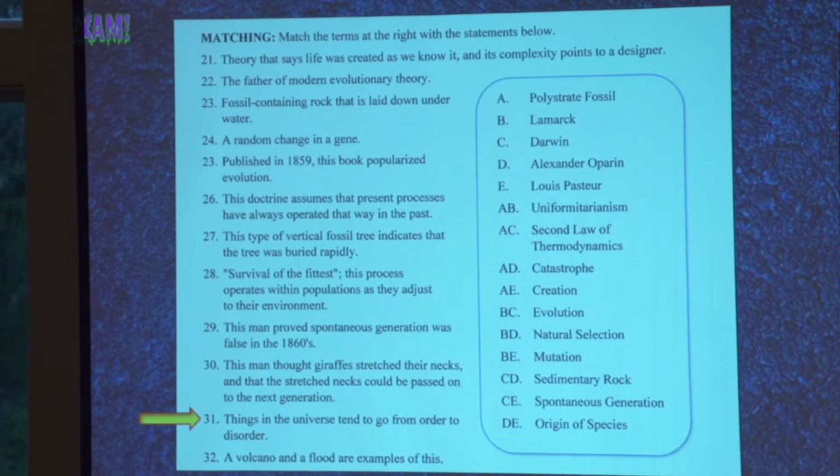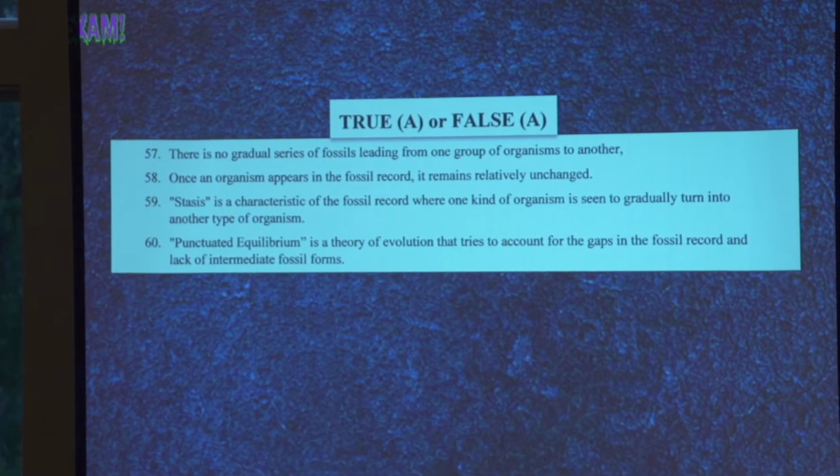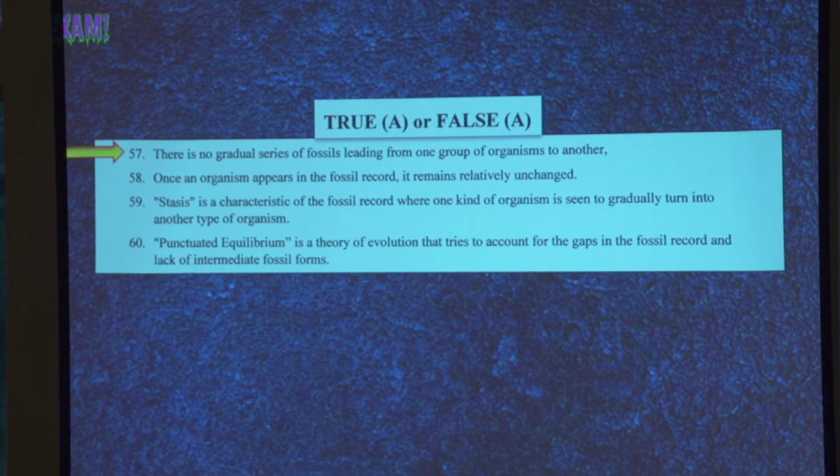Things in the universe tend to go from order to disorder. Second law of thermodynamics, Mr. Mondy. Okay, thermodynamics. How about true or false? There's no gradual series of fossils leading from one group of organisms to another. Is that true or false? It's true. Stasis is a characteristic of the fossil record where one kind of organism is seen to gradually turn into another type of organism.